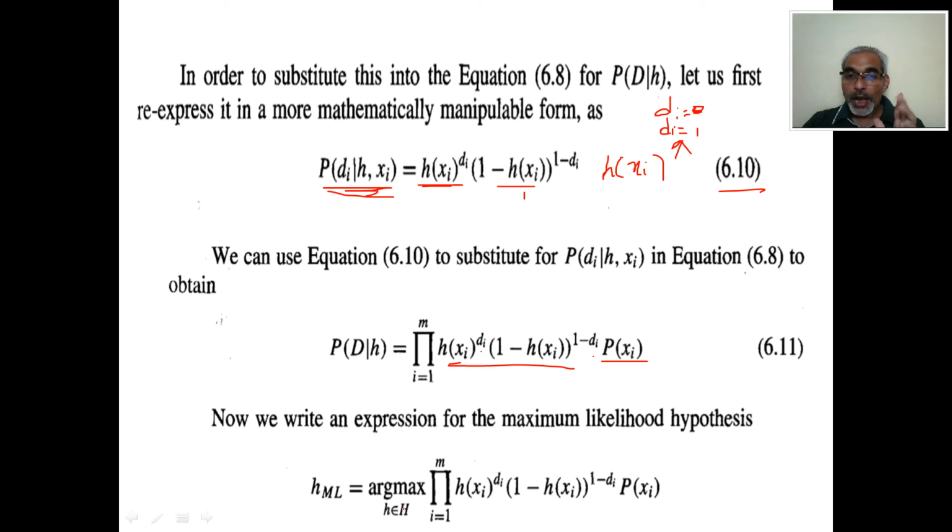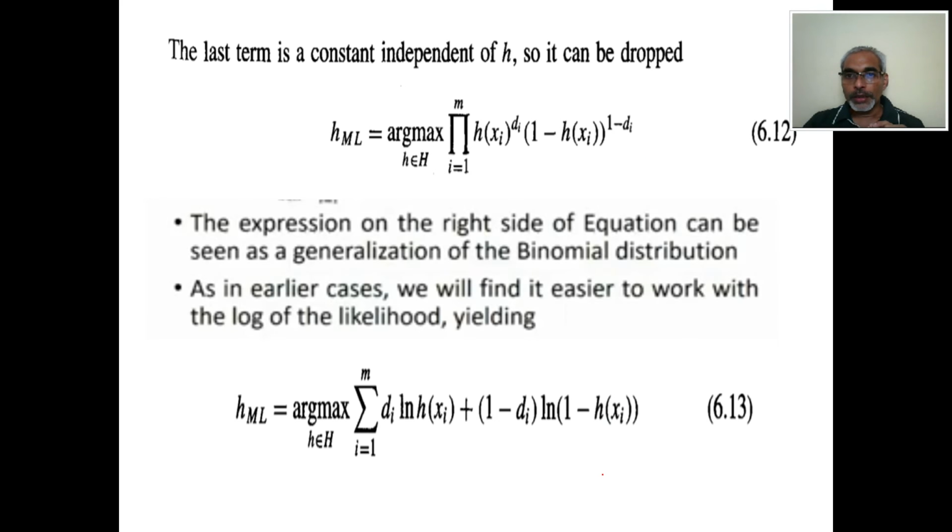Already we have seen argmax of all hypotheses belonging to H. So product of i equal to 1 to m, h of xi to the power of di multiplied with 1 minus h of xi to the power of 1 minus di into p of xi, right?